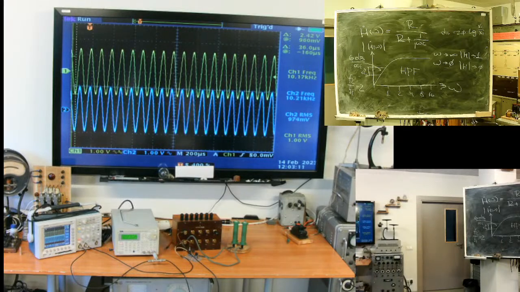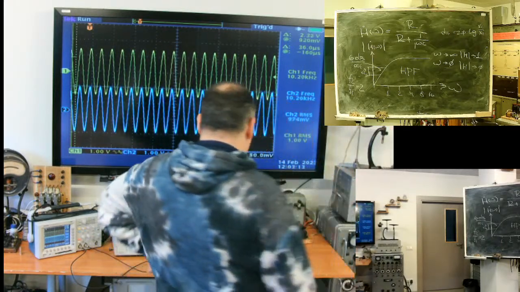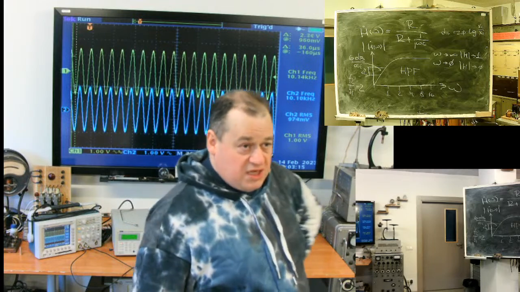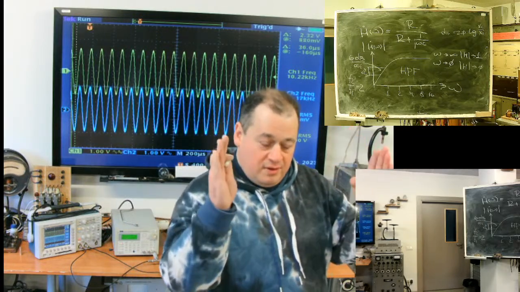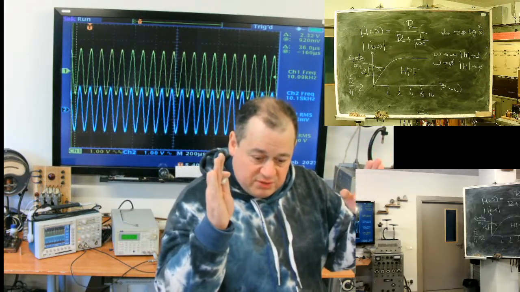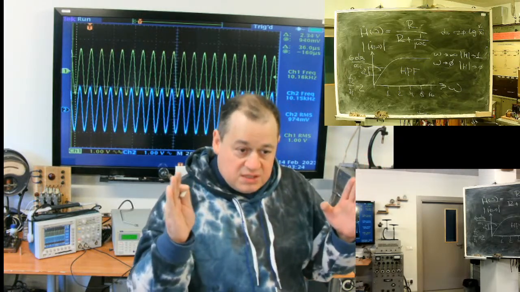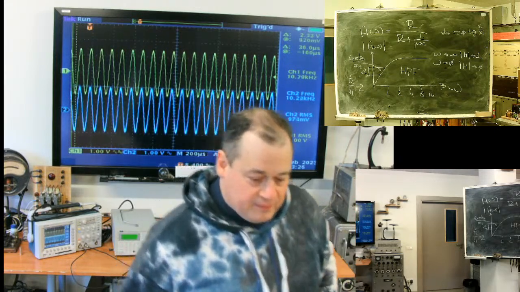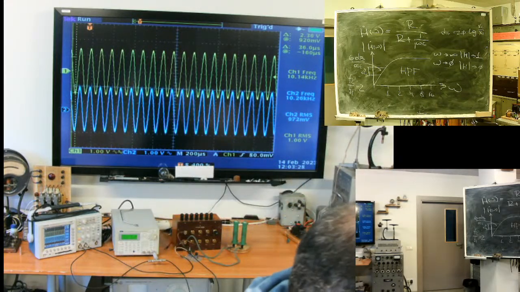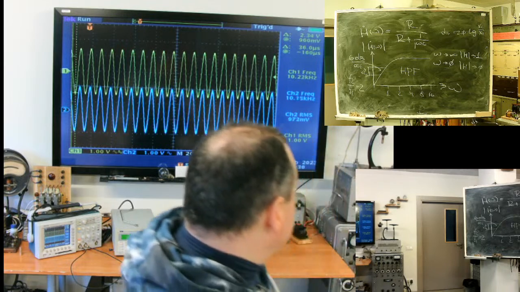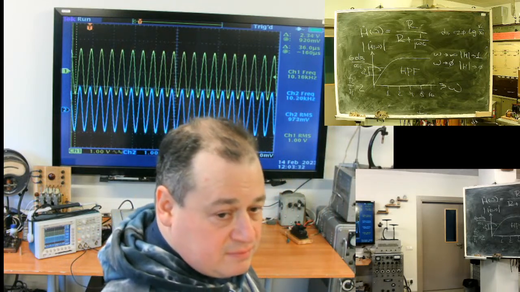So the Bode chart or Bode plot, our amplitude frequency diagram, shows the actual amplitude or absolute level of the transfer function in dependence of frequency. Good. Till this point, everything is clear.